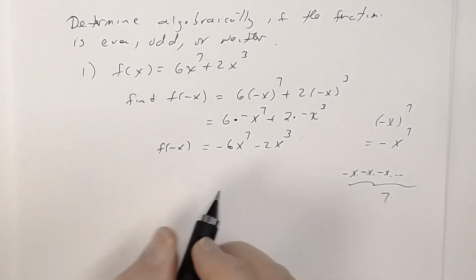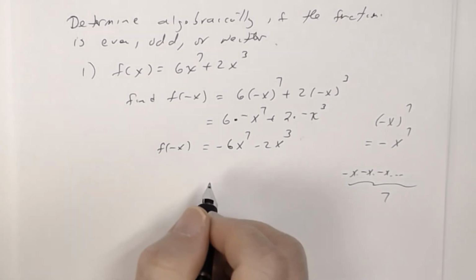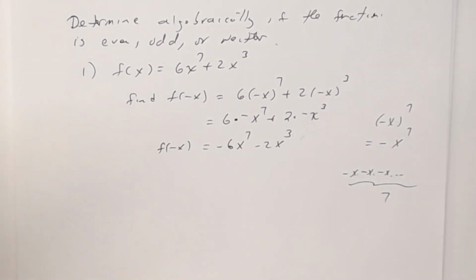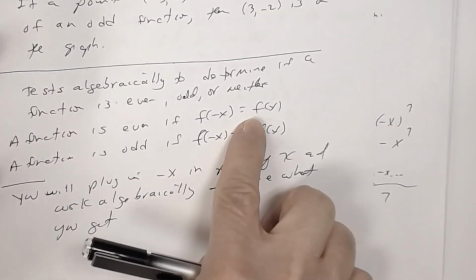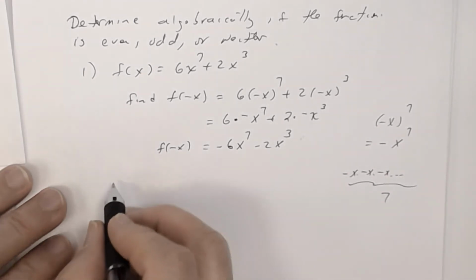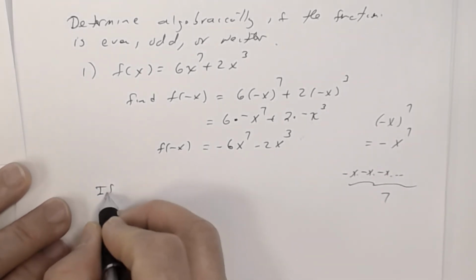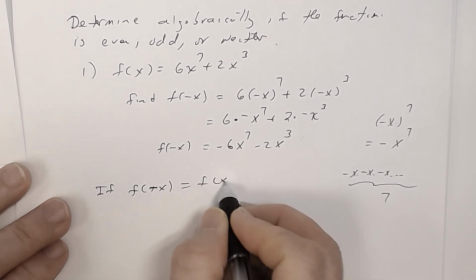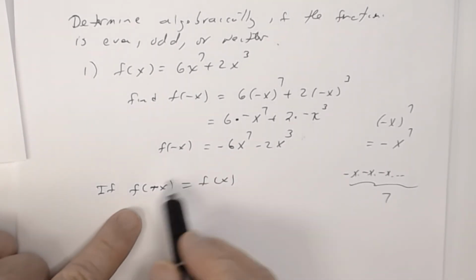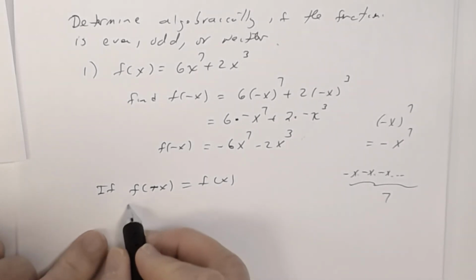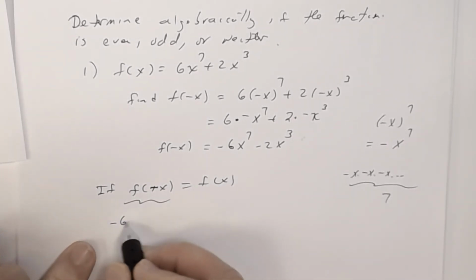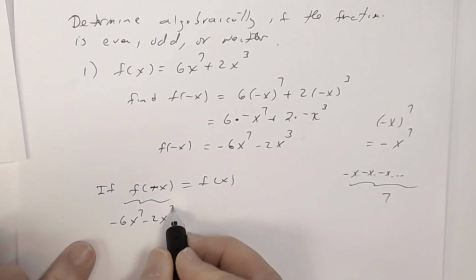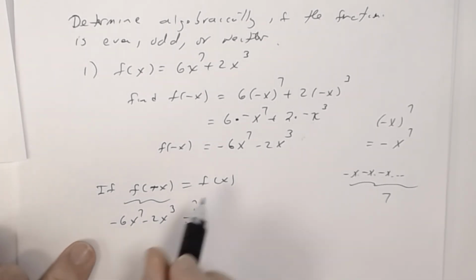Now, here's the thing. Is f of negative x the same as f of x? So you're asking yourself this: is f of negative x equal to f of x? Remember, f of negative x is this. Is this right here, which is negative 6x to the 7th minus 2x cubed, the same as f of x?